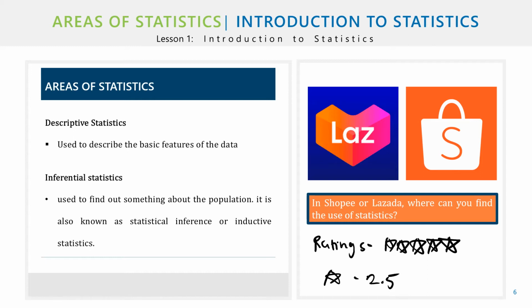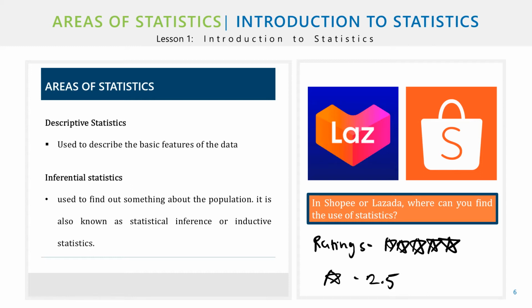So, ano yung nakikita nyo? Using statistics, it can help us decide whether we can buy it or not. Di ba? So, kung walang statistics na nakita dyan sa Lazada or sa Shopee, bibili ba kayo dyan? Knowing na, sabihin na natin, napakarami ng seller na nandyan. Pero if walang garantiya kung gaano kaganda or gaano kapangat yung product, bibili ba kayo? Di ba hindi? And that is one of the uses of statistics.